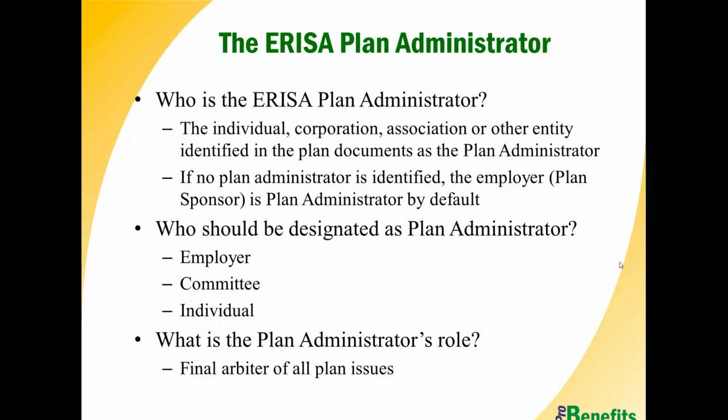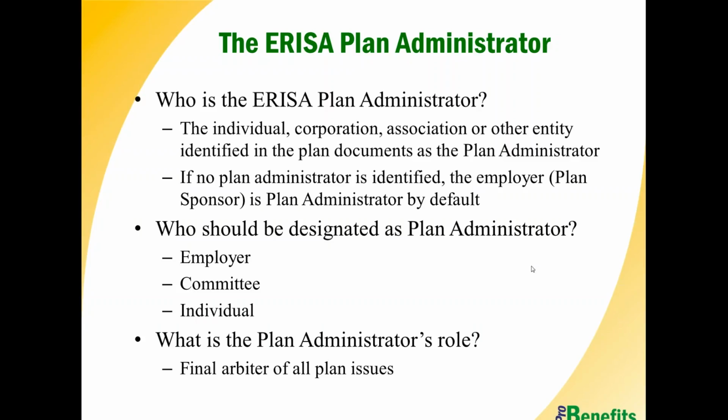If there was a claims decision, if there's a question as to whether a particular claim is eligible, generally the plan administrator is the final arbiter of that question as well. If there's a question as to whether someone on leave is eligible to continue benefits, again, that's another plan issue that would be decided ultimately by the plan administrator. So that's the main responsibility of the plan administrator, to act as the final arbiter for all plan issues.